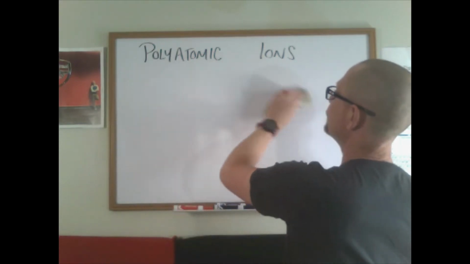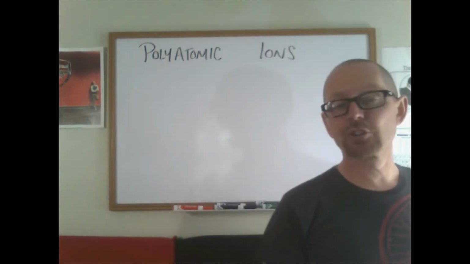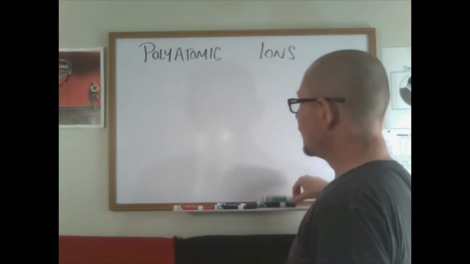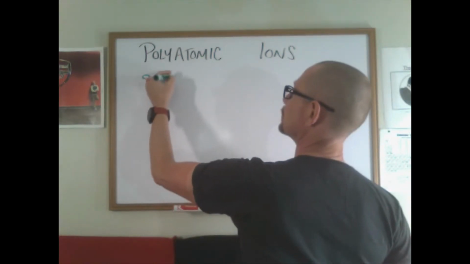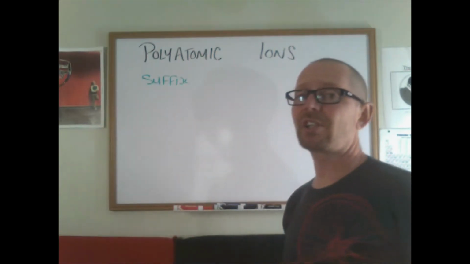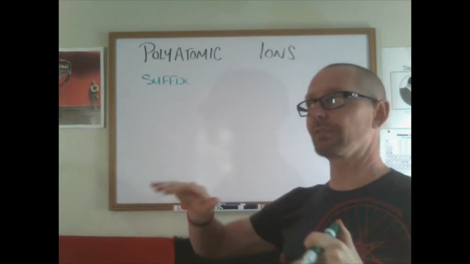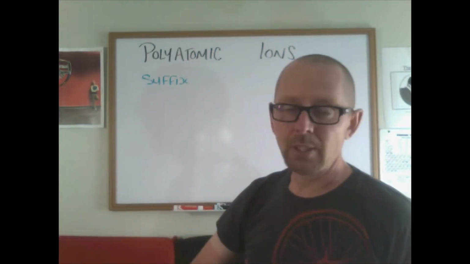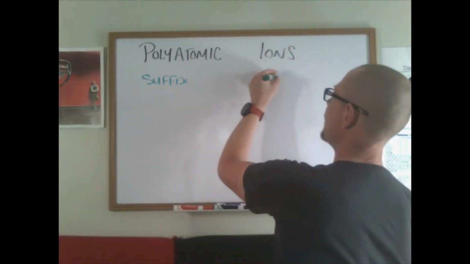There are a whole group of these, but they've got certain theme notes that go with them. First of all, it's all about the suffixes. The suffix that you are super familiar with, if you've done any chemistry at all, or looked on the back of a bottle of vitamins, is the suffix ate, A-T-E.